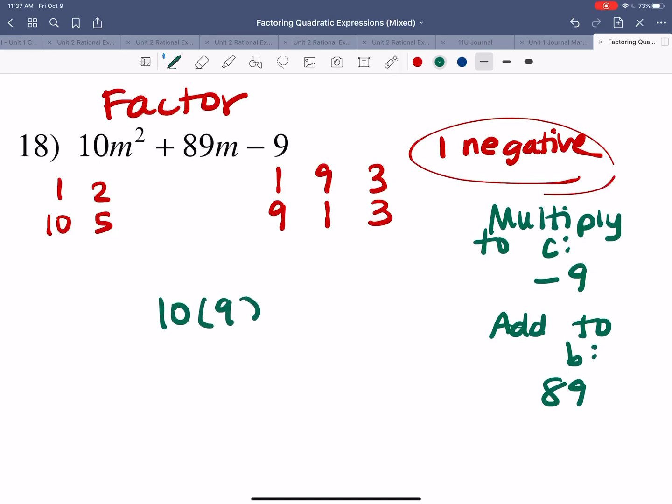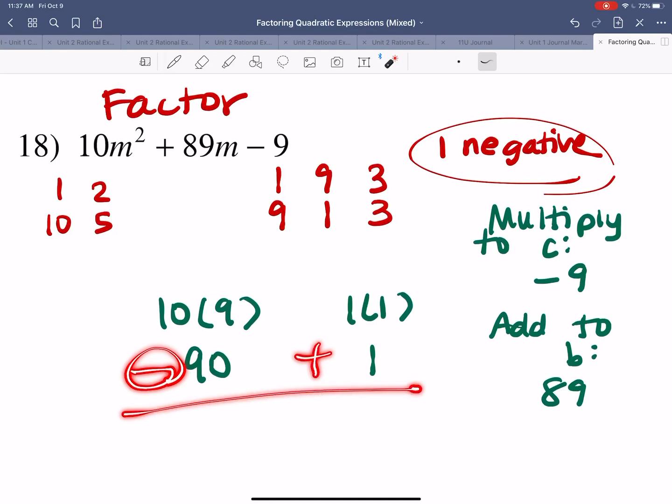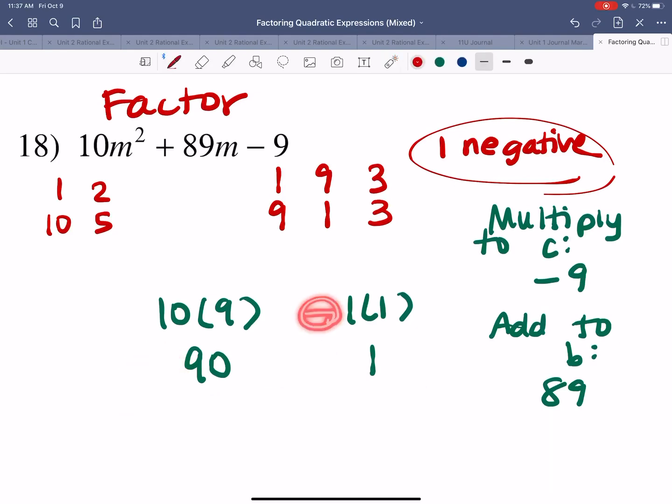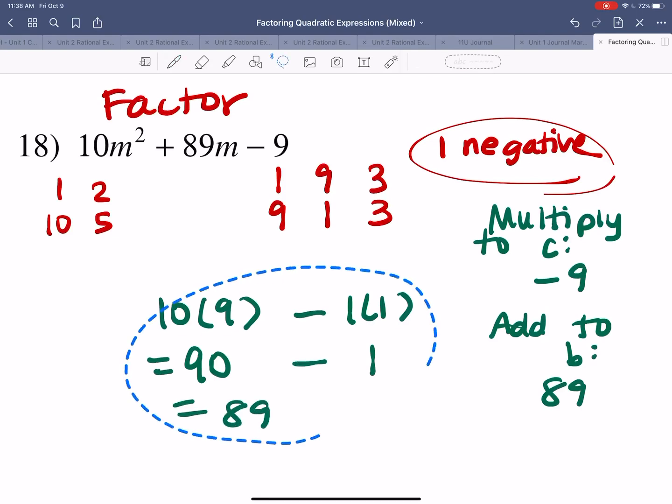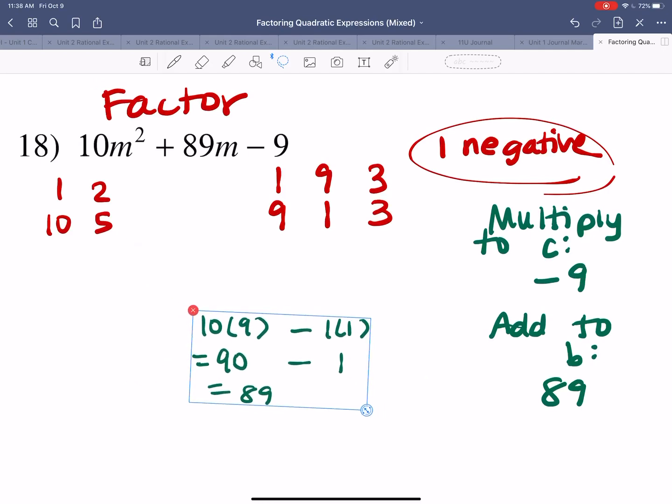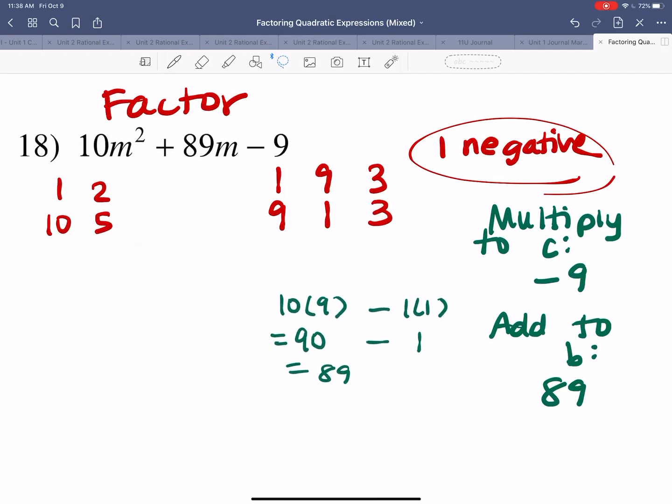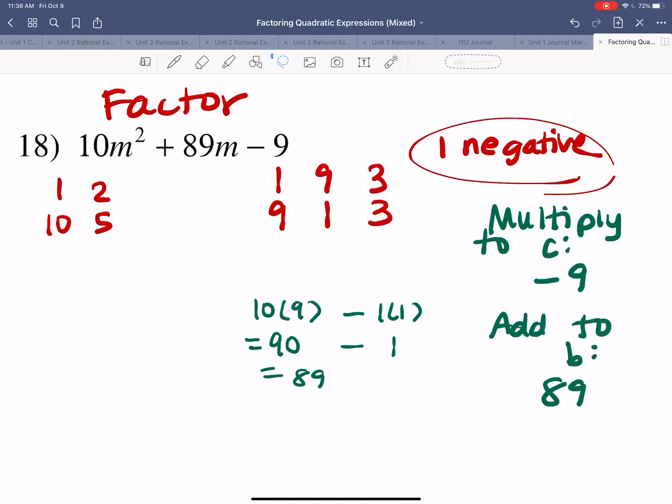So I said 10 and 9 and 1 and 1. Well, 10 and 9 is 90, 1 and 1 is 1. So where do I want the negative? Well, I don't want the negative here because that's going to equal a -89. I want the negative there. That's how I decide. So I'm going to put a negative there, a negative there, and that equals 89. So this is my rough work. I usually do this in my head, or you can maybe use a separate piece of paper, maybe put it on the side, and you get 89.